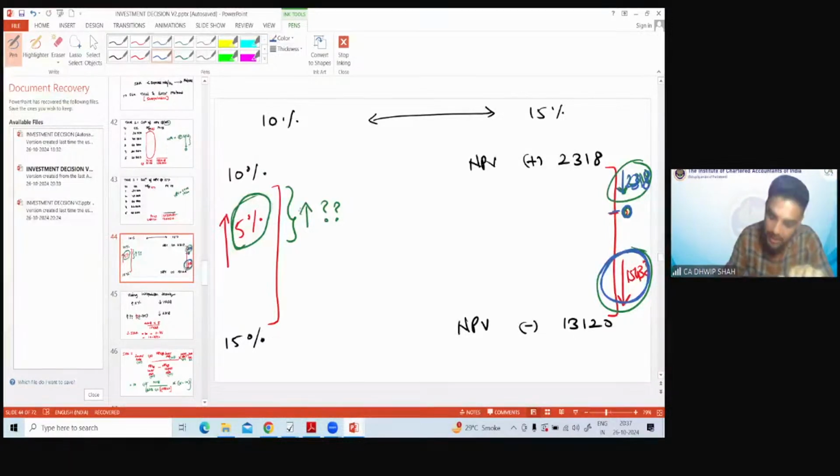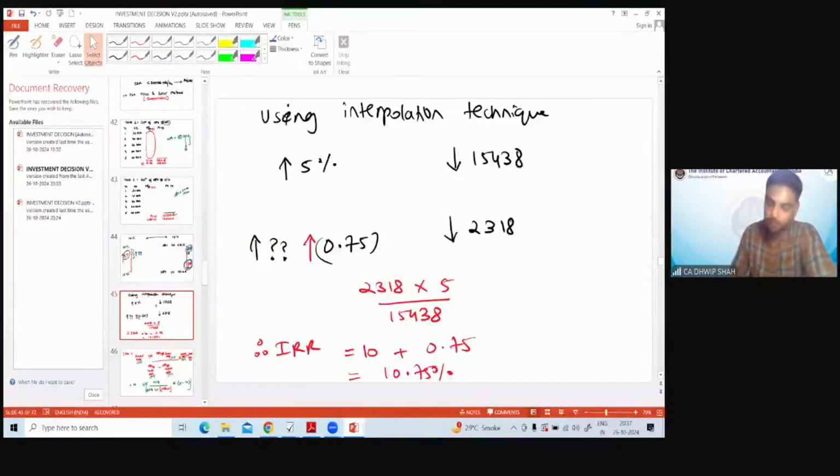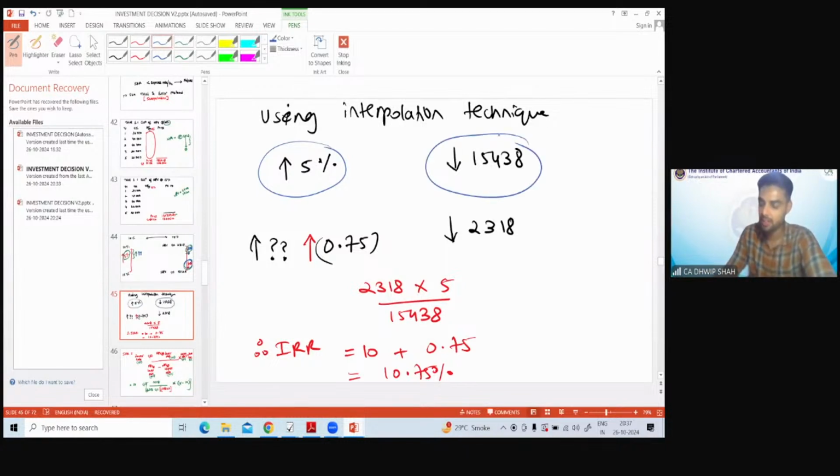So proportionately, by how much rate do I need to increase? So we did cross multiplication. If I increase by 5%, my NPV fell by 15,438. I don't want to fall it by 15,438. If it falls by 2318, I'm sufficient.